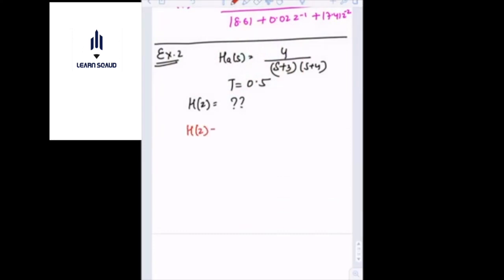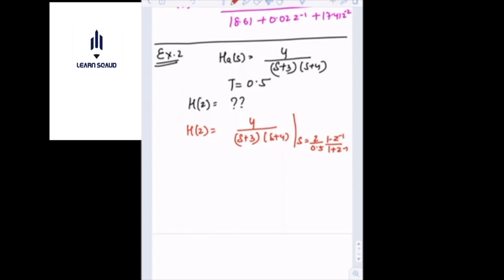So here H(z) will be equal to 4 upon (S plus 3)(S plus 4), and S will be equal to 2 upon 0.5 into (1 minus Z inverse) upon (1 plus Z inverse).